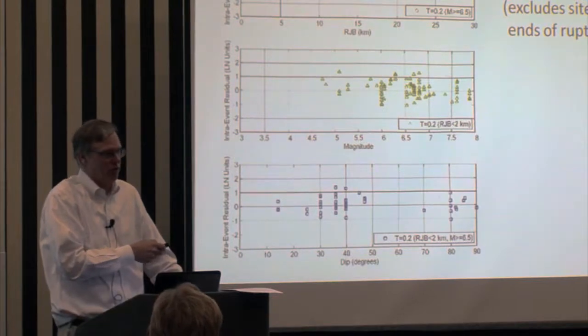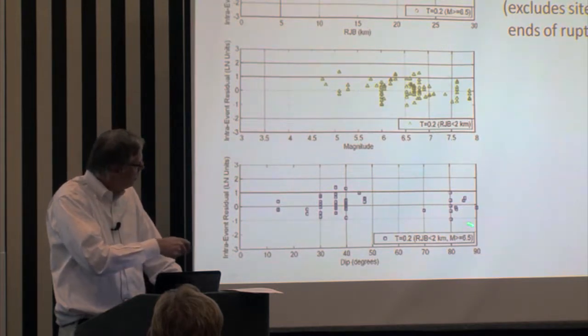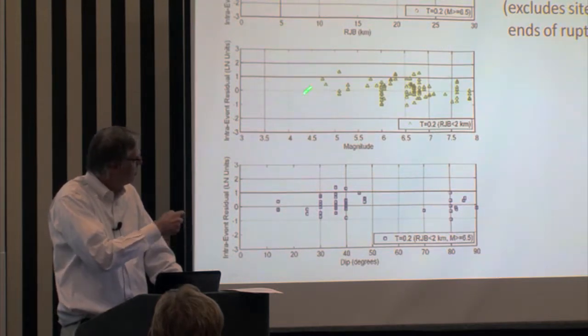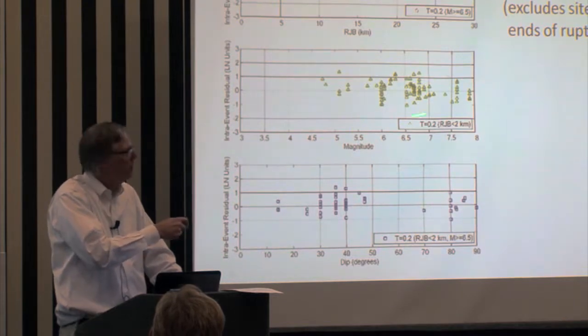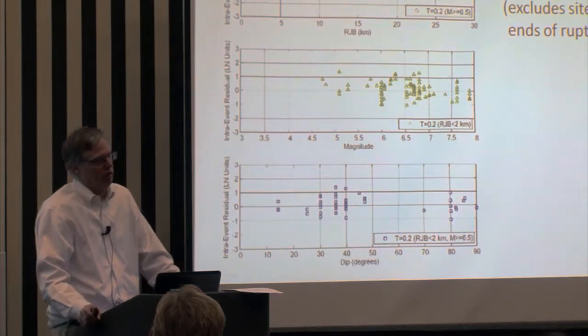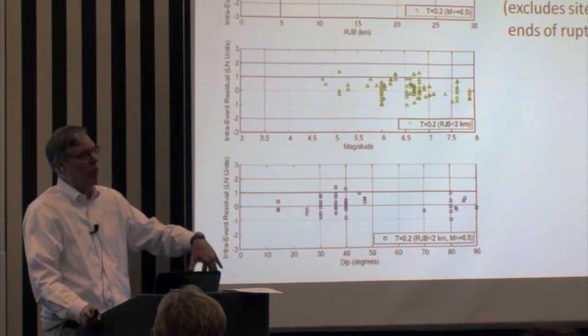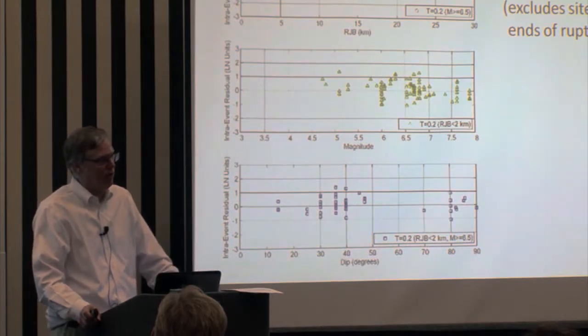The one place that we had, no, I should take it back. This one has all of the events, but only with anything with RJB less than 2. So these are different sets. Big events only, this is big events less than 2 just for the dip scaling, but this has what you're after, and we have a slope here, so we're underpredicting that part of it. Our magnitude scaling in our hanging wall effect is going down pretty fast, and we shut it off at magnitude 5.5.